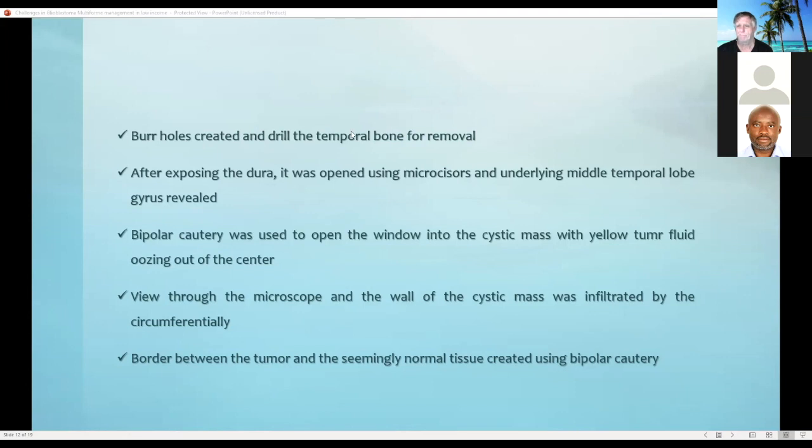We had a view through the microscope, and the wall of the cystic mass was infiltrated, and we created a border between the tumor and the seemingly normal tissue using this bipolar cautery. Next slide.